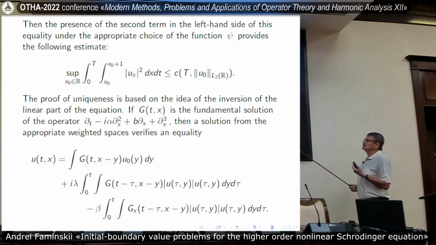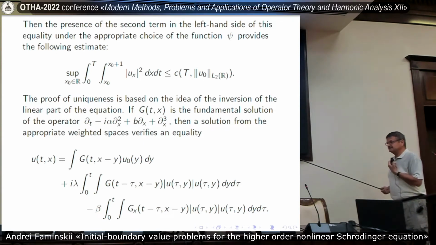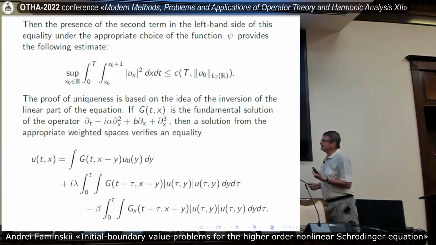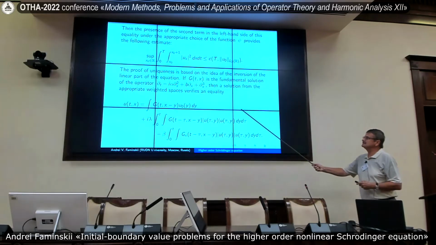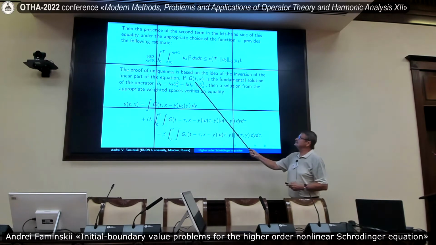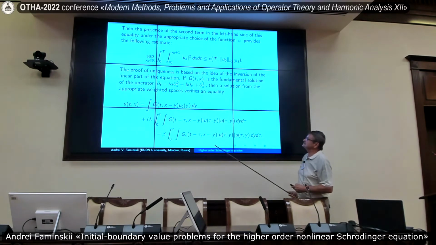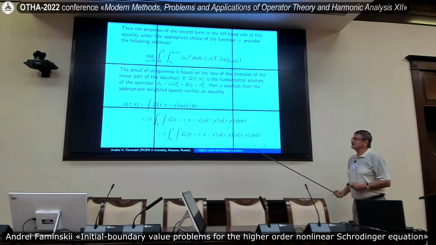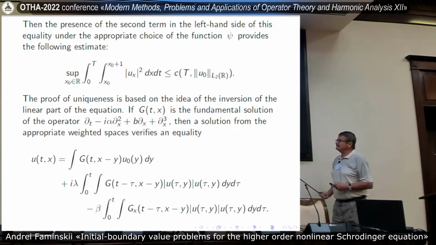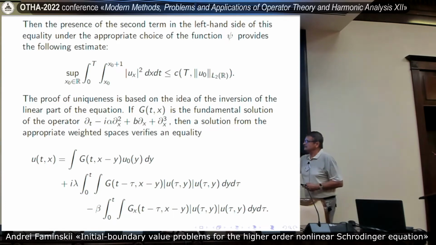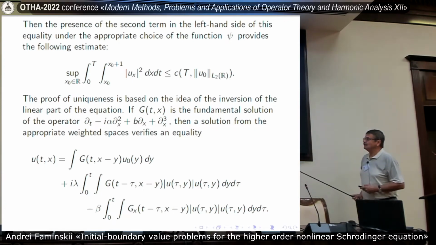But if we want to establish uniqueness, then the idea is the following. The idea is to invert the linear part of the equation and to use the fundamental solution of this linear operator. And then one can obtain the following integral representation of our solution.